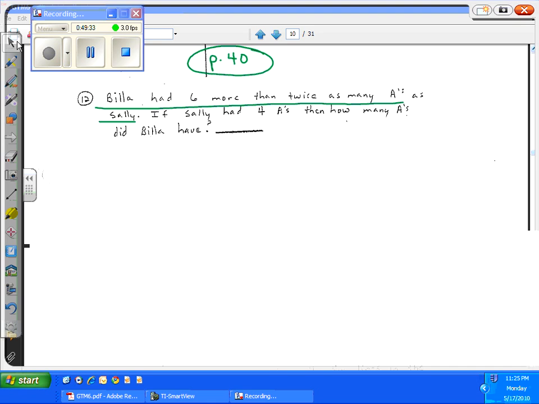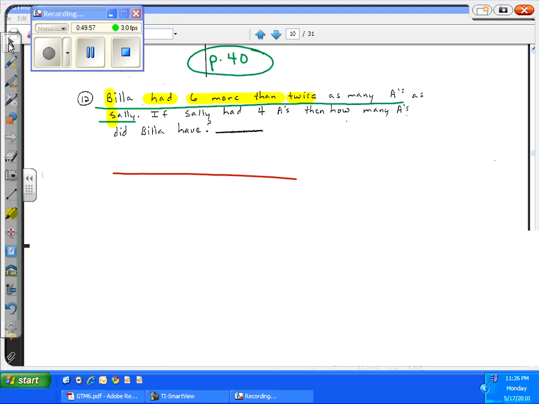The characters would be Billa and Sally. And so we would put this on a word sentence line. And what would go on the word sentence line would be the characters, the verb because it means equal, and anything that means add, subtract, multiply, or divide.